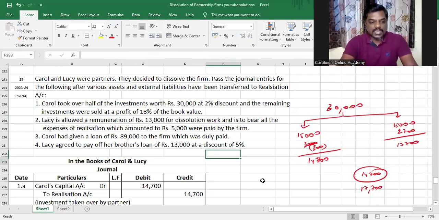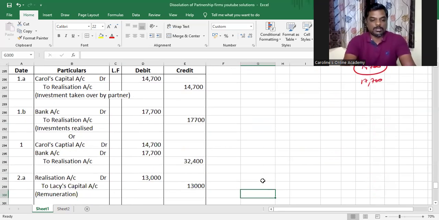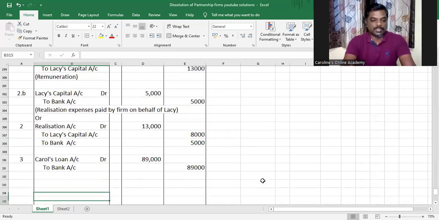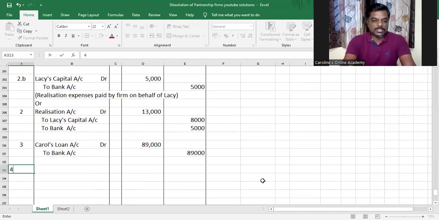Anyway, Lacey agreed to pay off her brother's loan of rupees 13,000 at a discount of 5%. So basically, what is happening is Lacey's brother's loan is a third party liability, obviously, and it is being taken over by Lacey. So, partner taking over a liability, the journal entry for that is realization account debit to partner's capital account.